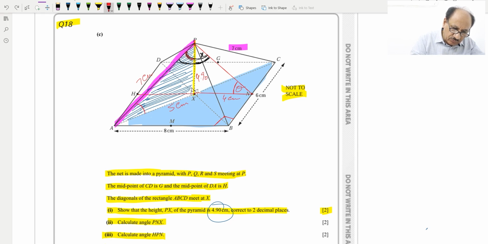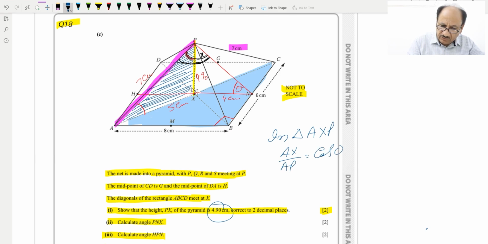This angle is required basically. So in triangle AXP, adjacent over hypotenuse will be AX over AP, which will be equal to cos of theta, and our theta will be this one.